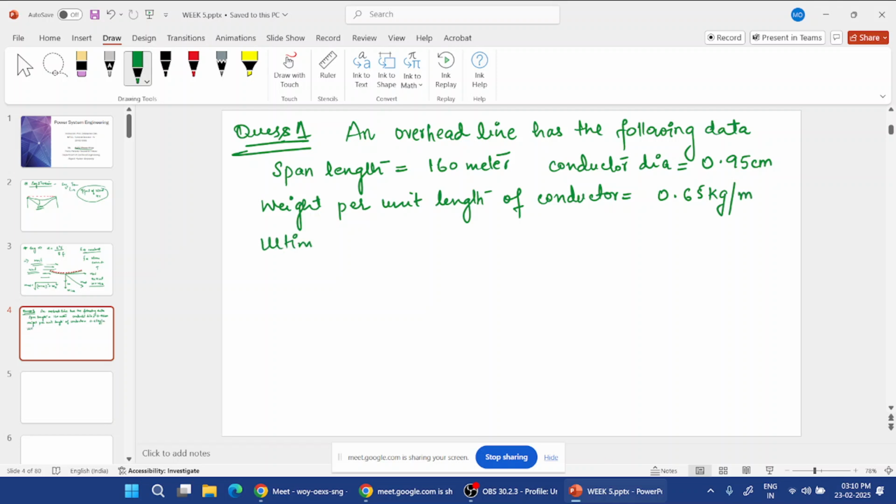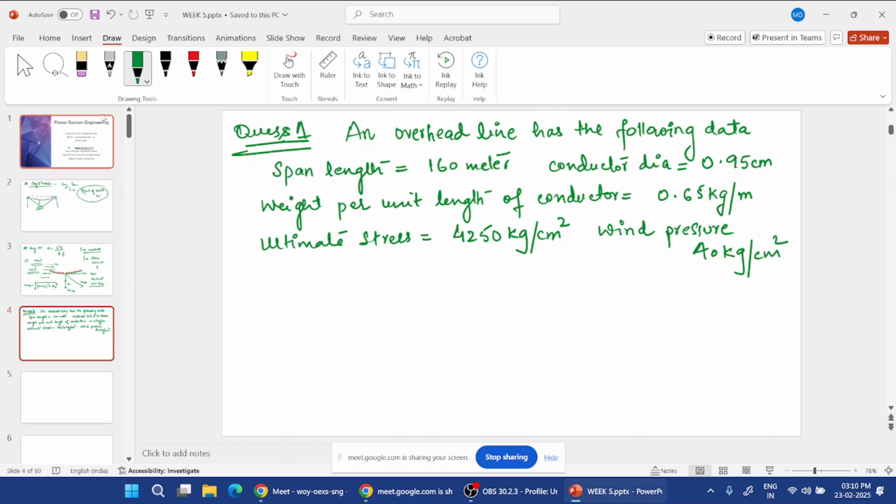Ultimate stress, meaning maximum stress, is 4 to 5 kilogram per centimeter square. Here, wind pressure is given, so we have to integrate the wind effect also, which is 40 kilogram per meter square of projected area.